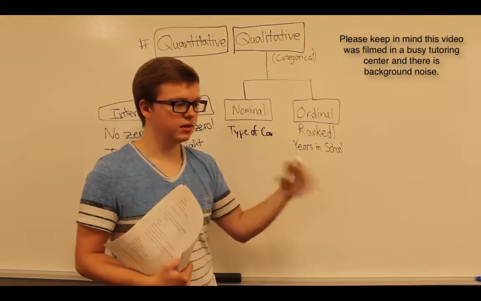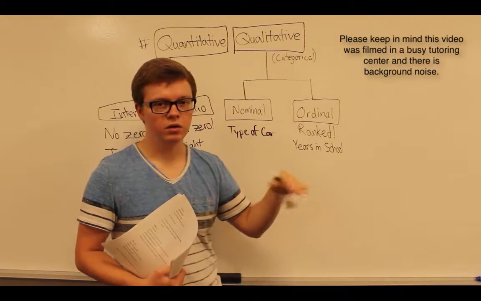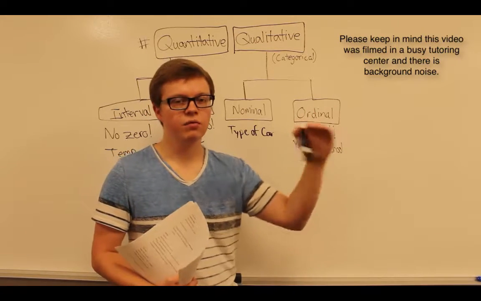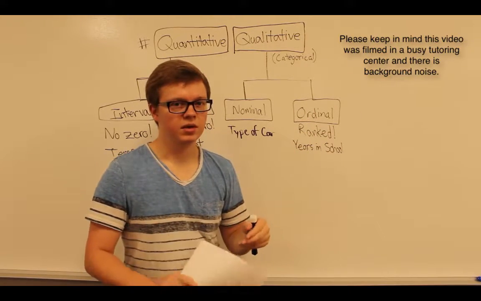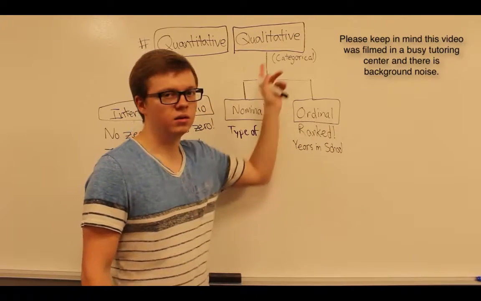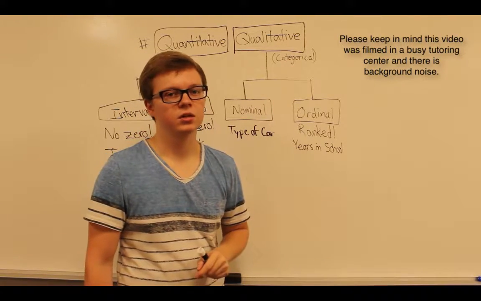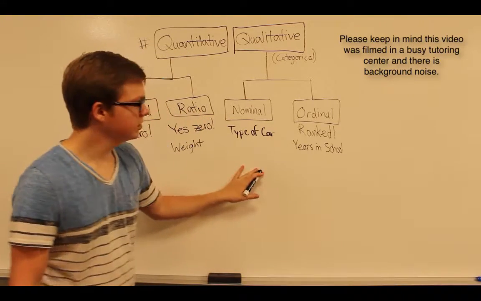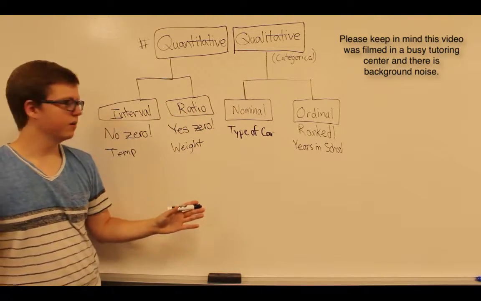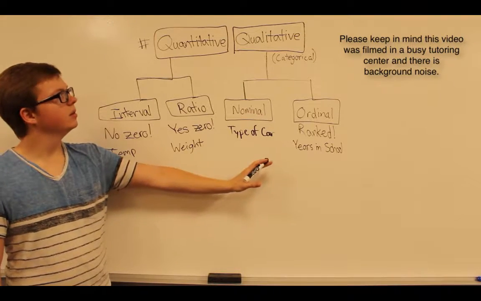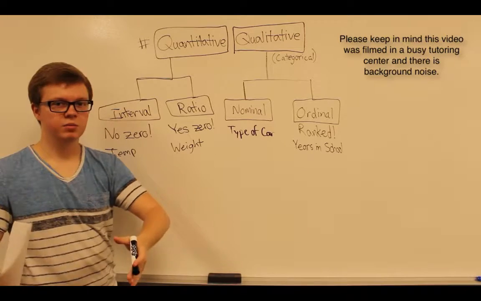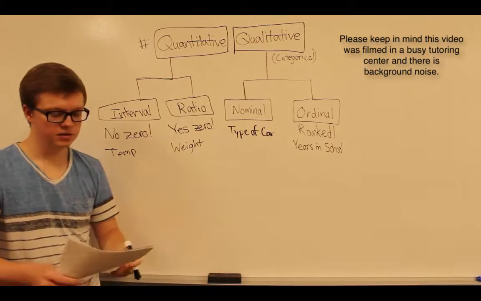You could say freshman is 1, and so on until senior is 4. There's a meaningful way to rank these because one comes after the other, but it's still qualitative in nature. So that's sort of the tree here, to give a whole picture of how this breakdown works. You can come back to this point in the video if you need to refer back to it.